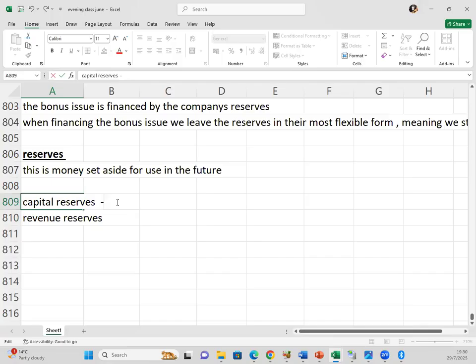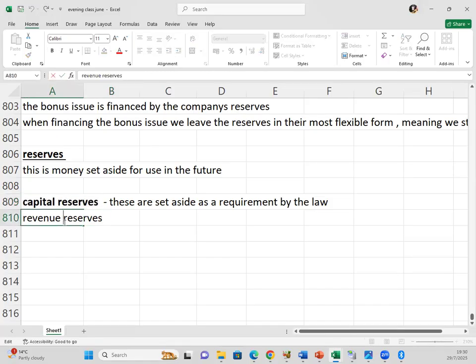That money, you use it to pay those whom you owe, your creditors. So the capital reserves are set aside as a requirement by the law. You don't choose to have these capital reserves. The law requires you to keep these reserves. You keep this money aside, the capital reserves.